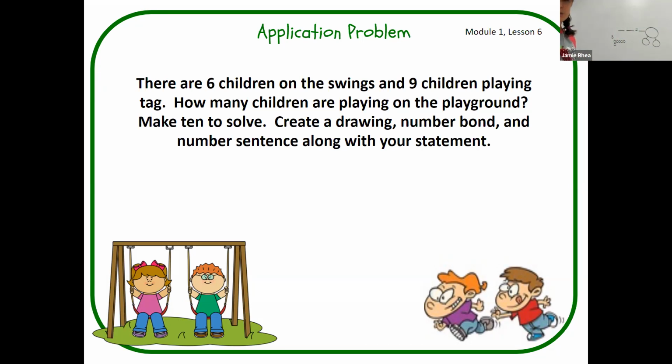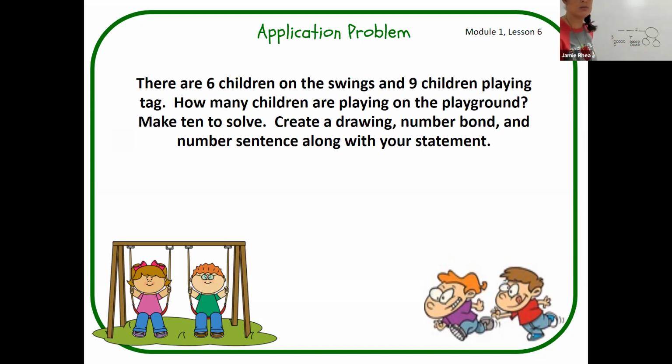And 9 children playing tag. 9 is my, again, I'm going to do 5 groups. 1, 2, 3, 4, 5, 6, 7, 8, 9. I'm going to put a T for tag, okay? Now, I have a 9 group and I have a 6 group. How many children are playing on the playground?